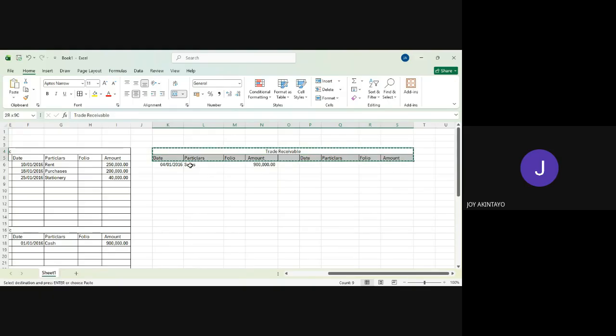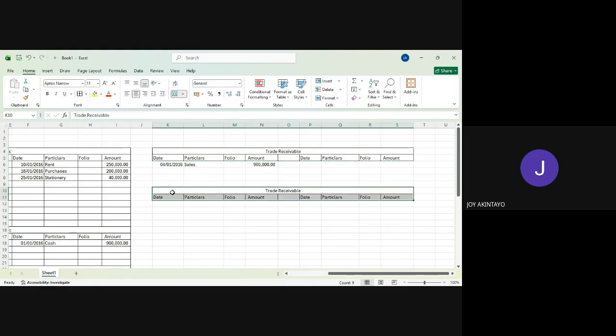Yes. It will just be trade payables. It will now be trade payables. So this I will soon finish. Trade payables.